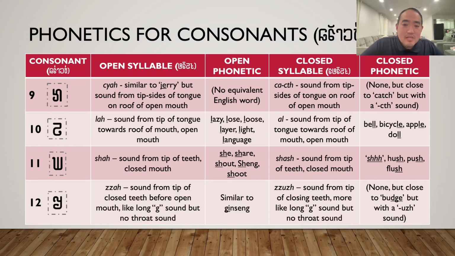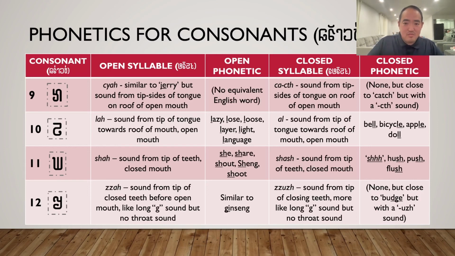Okay. So for the closed phonetic, it'll be zhuzh. Ja, zhuzh. The sound should come from the tip of the closing teeth, and more like a long G sound, but no throat sound. Okay, same thing. Now, there's really no English equivalent word, but the closest one I could find is the word budge.